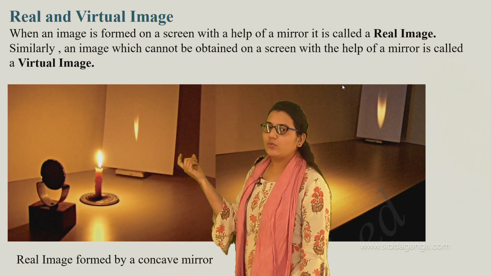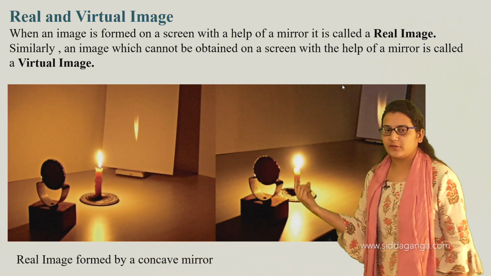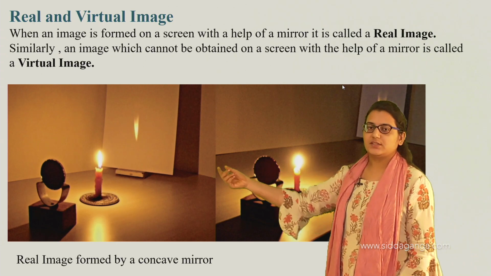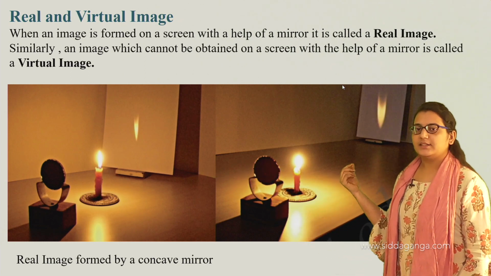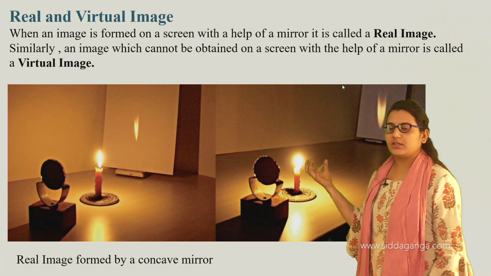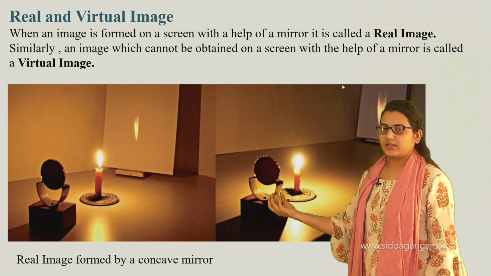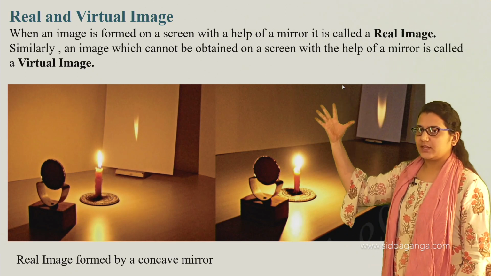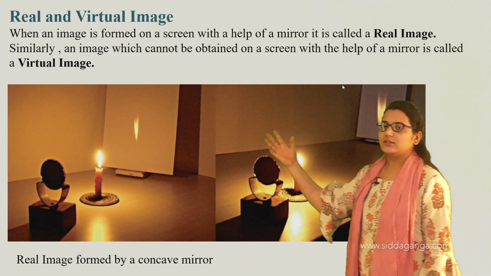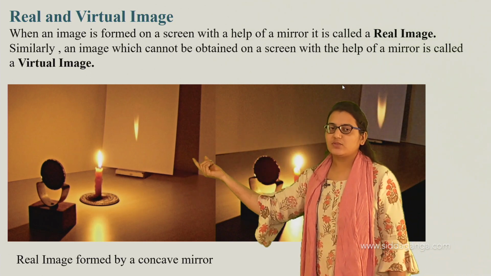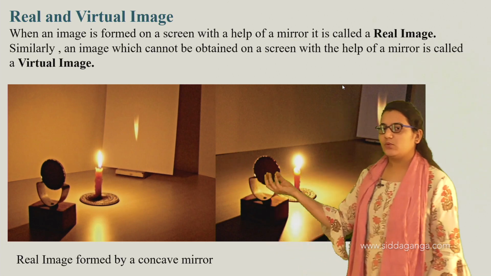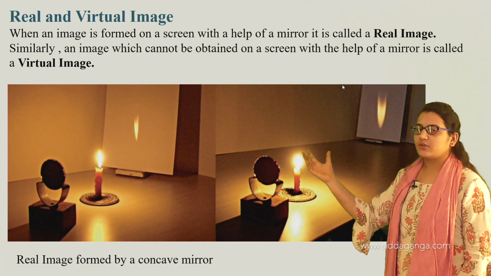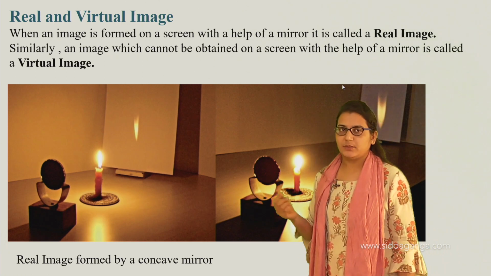When we move the candle close to the concave mirror, the image is enlarged. Enlarged means it looks bigger. When the object was far away, the image was a little smaller, and when we moved the object closer to the concave mirror, the image looks enlarged. These are the types of image obtained when we use a concave mirror.